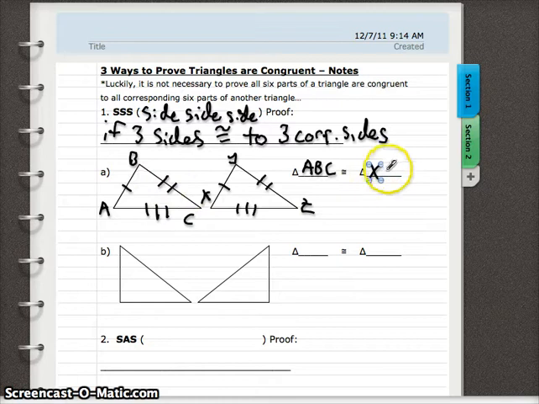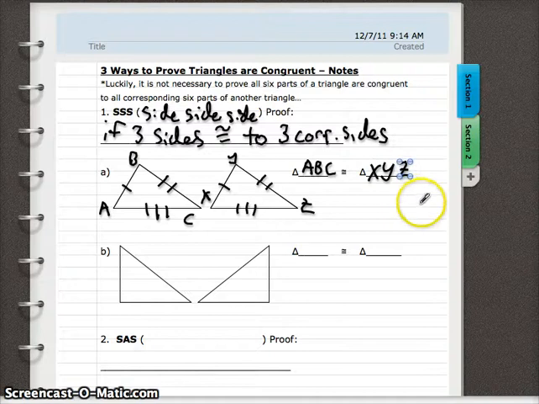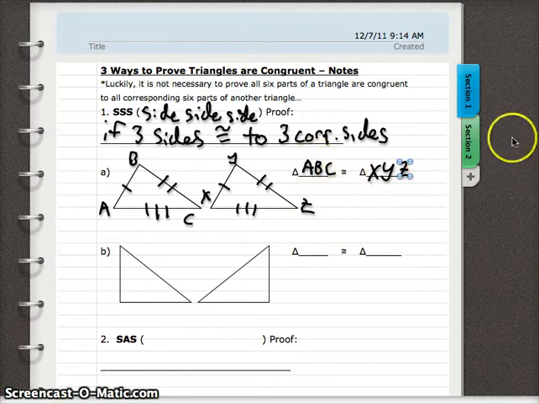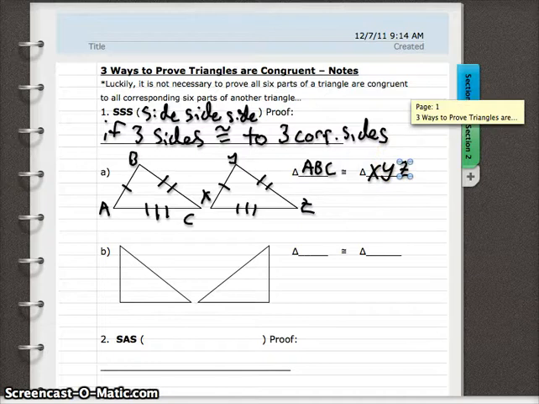B is corresponding with Y, so Y has to be the second one in this name. And the last ones, C and Z, are corresponding, so C and Z have to be the last letters in their names. So we just made sure that when we named the corresponding triangles, the letters in the names corresponded and were in the same order. So hopefully you remember that from last lesson.